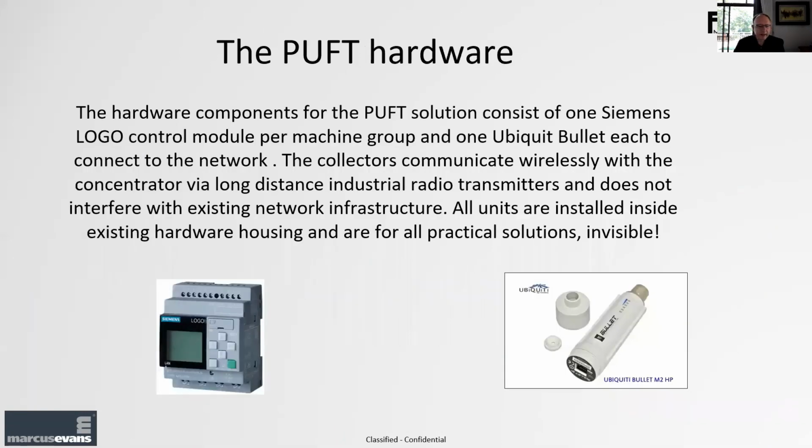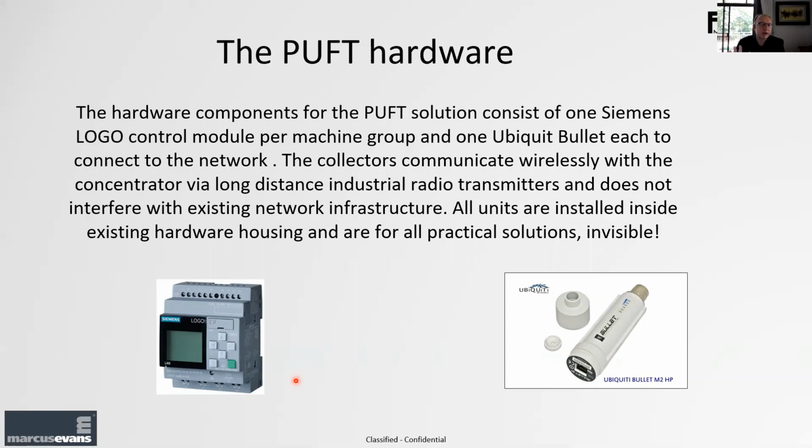Quickly, just the hardware for the system. The PUF hardware consists of a small PLC, which gets placed into the electrical panel of the machine. It gets wired to a pickup device that's either connected or connected to an existing one, preferably without interfering with the signals on the line.